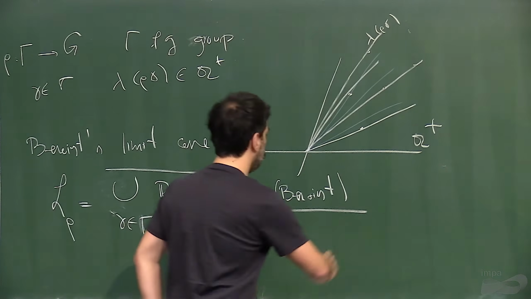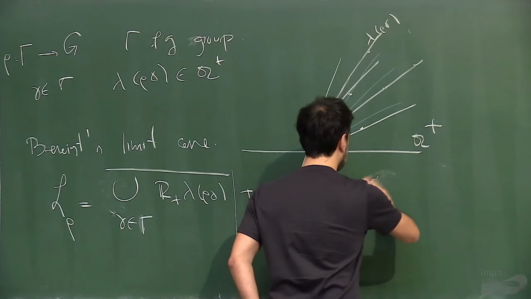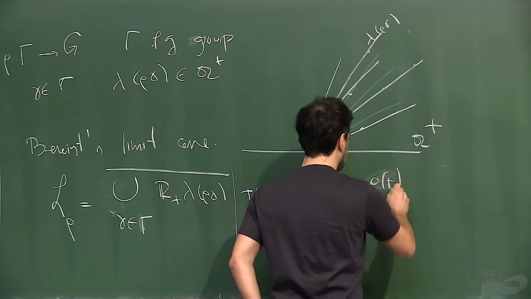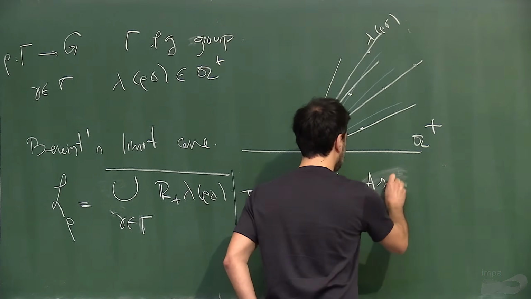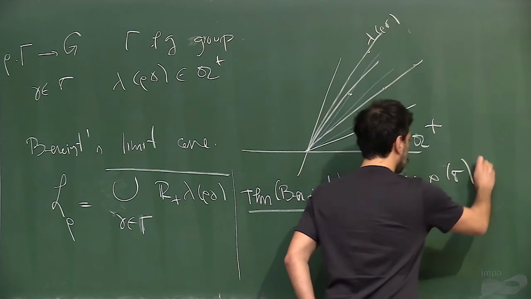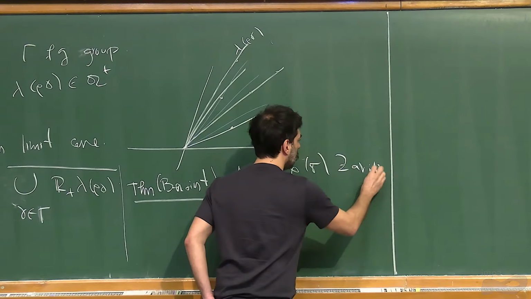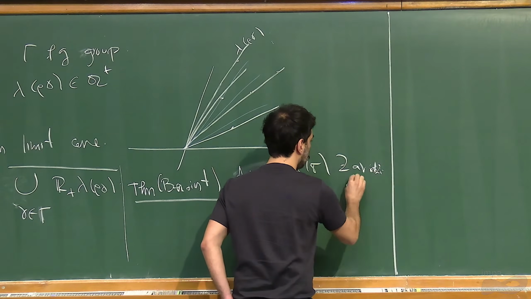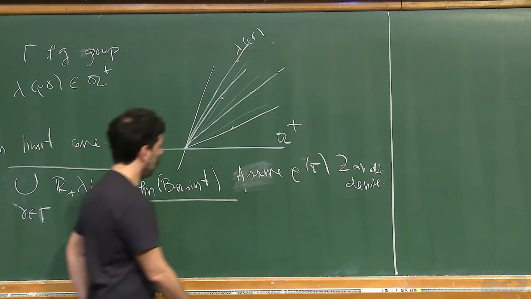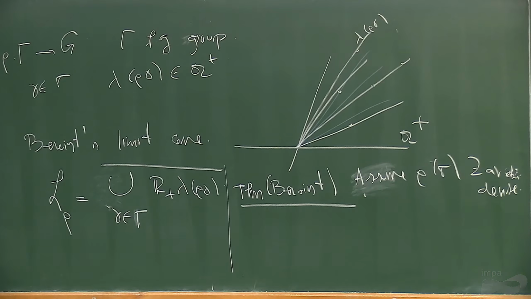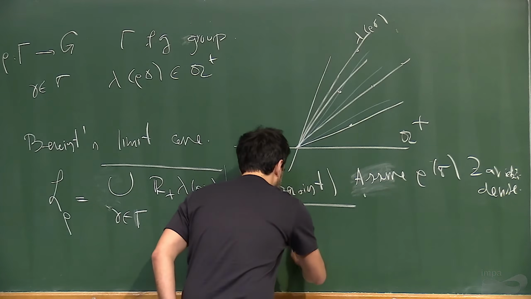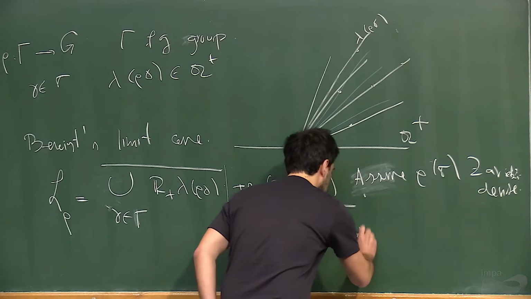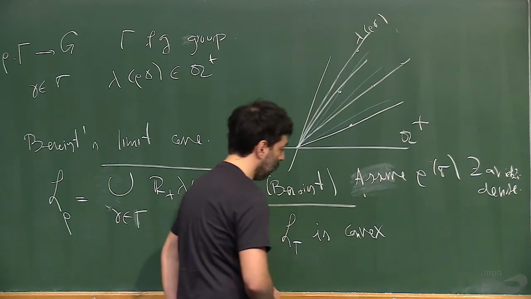For the first part, let me assume, of course, that rho of gamma is Zariski dense. So essentially, rho of gamma is not contained in any Lie subgroup of SL_d. Then this cone is going to be convex, and it will have non-empty interior.